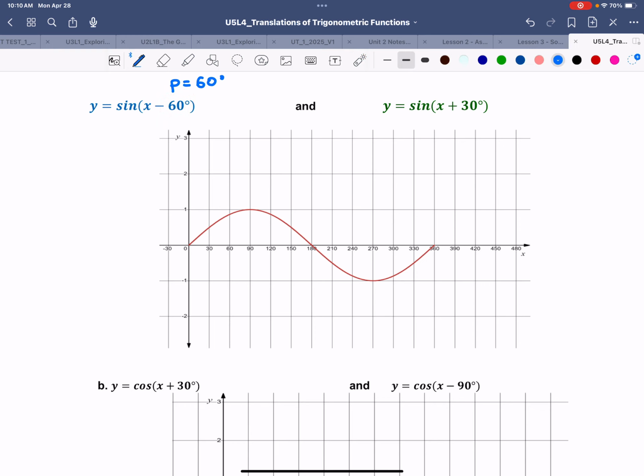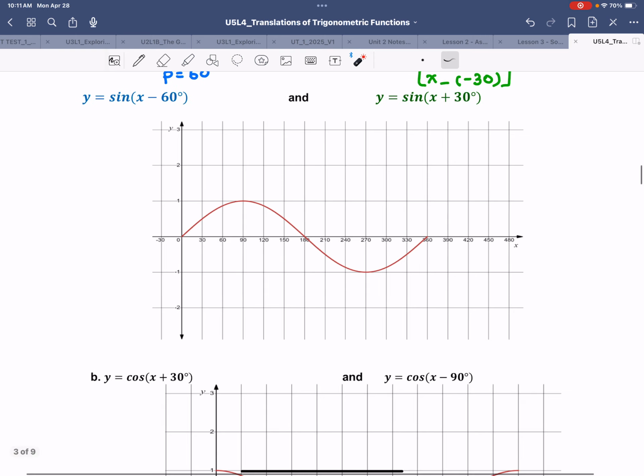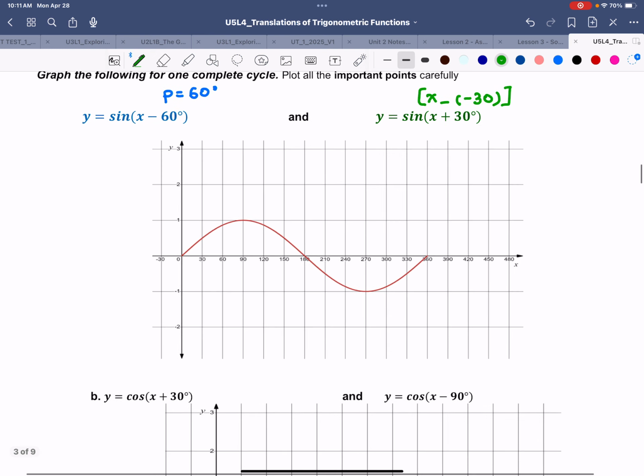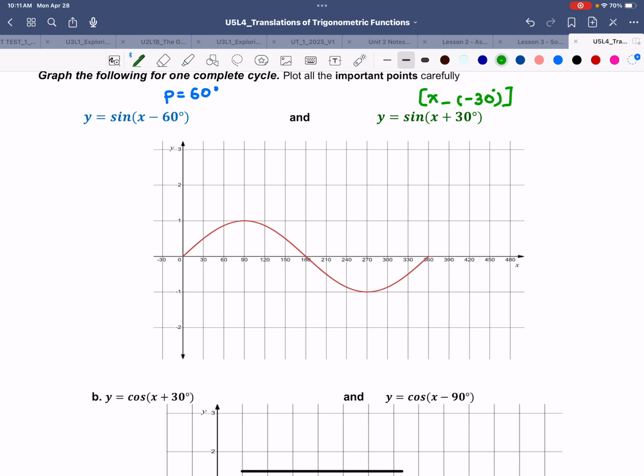And if we're subtracting a negative number from x, which appears in the equation as a positive sign because of the two minuses that turn into a plus, then the horizontal translation has happened in the negative direction, and the value of p is negative 30 degrees.